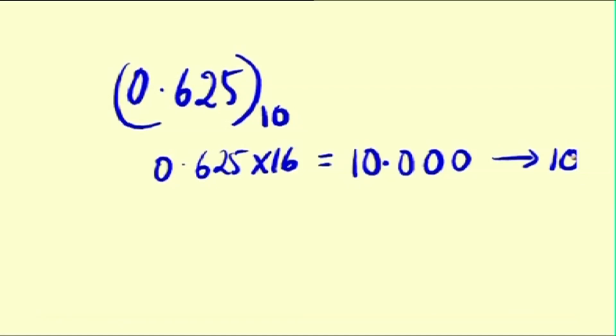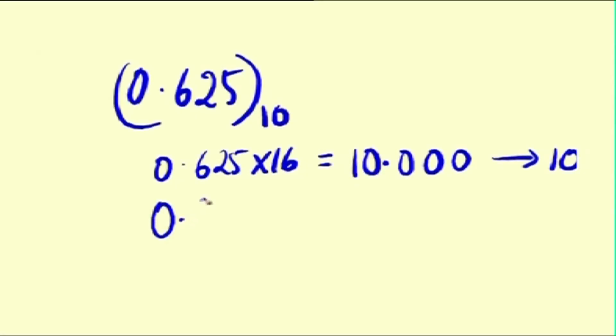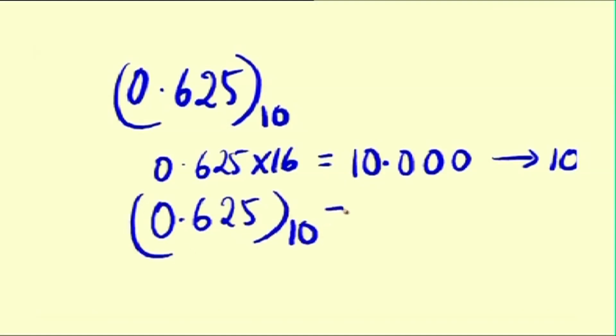What is the hexadecimal equivalent of this 10? It is A. So, the answer for this 0.625, which is in decimal form, will be point A in the hexadecimal number. So, this decimal number gets converted to hexadecimal as point A, because that is what we are getting as a carry. This is how we convert any fractional part of a decimal number to its hexadecimal equivalent.